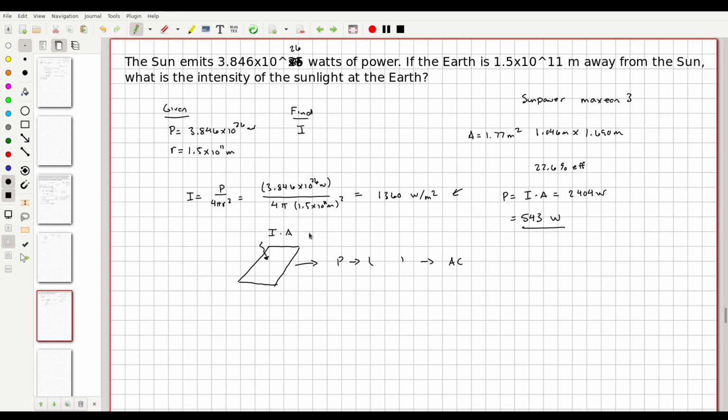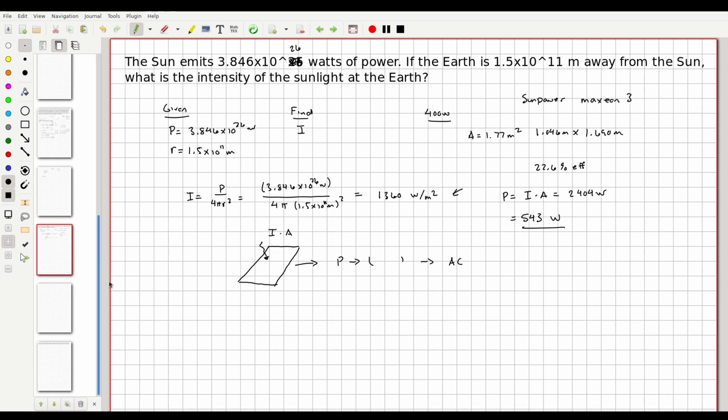Now, if you were to look at what these solar cells are actually rated at, they're rated at about 400 watts, which is probably about right, considering the fact that you have loss due to the Earth's atmosphere, and you have this additional efficiency loss. Okay, so as you can see, you can harness this energy through devices that will turn intensities into usable power.